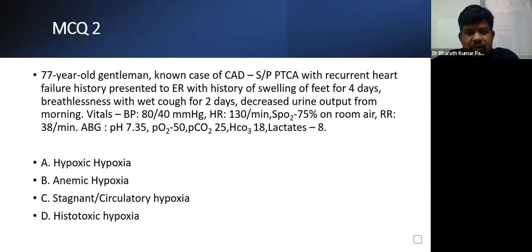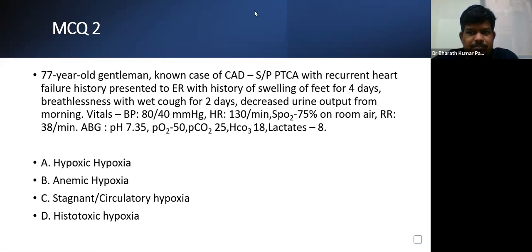His vitals were blood pressure of 80/40 millimeters of mercury, heart rate of 130 per minute, saturation of 75% on room air, and respiratory rate of 38 per minute. His ABG shows pH of 7.35, PO2 of 50, PCO2 of 25, bicarbonate of 18, and lactate of 8. So again, you have to pick up which type of hypoxia it is: hypoxic, anemic, stagnant or circulatory, or histotoxic hypoxia.